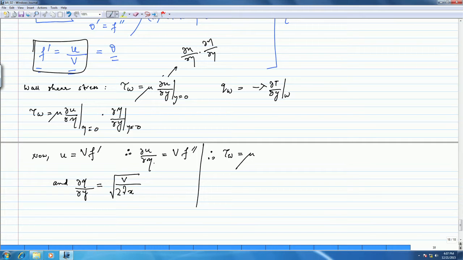So, del u del eta at eta equal to 0, where f double dash, let me write that down, is v f double dash at eta equal to 0, into del eta del y at y equal to 0, into v by 2 nu x.